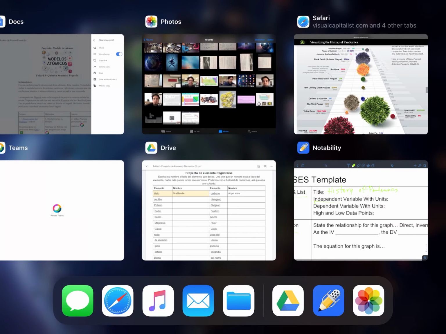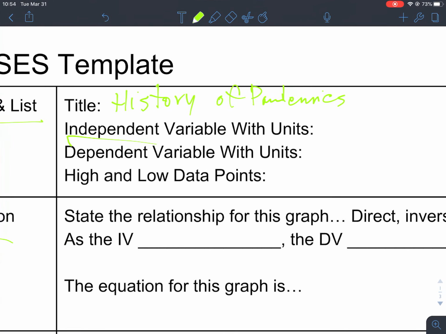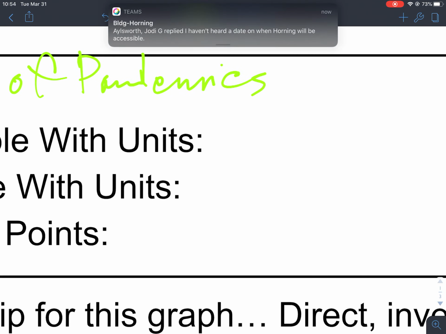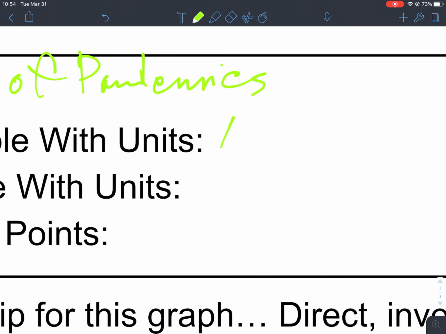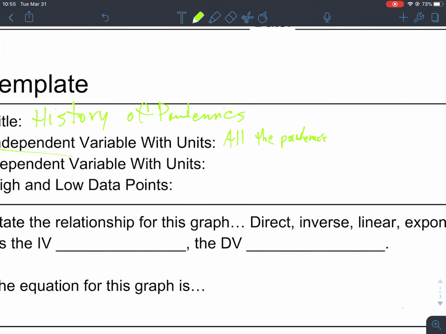So here, the independent variable are all the different kinds of pandemics, all the pandemics. Sorry about my handwriting. The dependent variable in this case will be the time in a progression, right? From the past till the present.